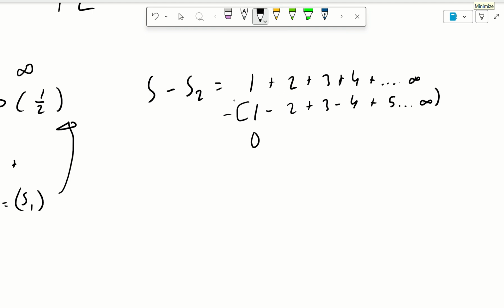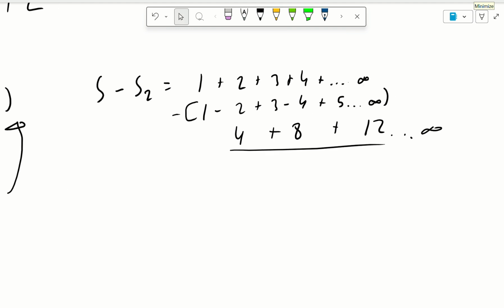Then 2 minus negative 2 is 4, 3 minus 3 is 0, 4 minus negative 4 is 8, and then this is 0 for the 5, and this becomes a 12. You can basically just remove the zeros and you go with this equation until infinity, because infinity is always infinity, and if you add numbers to infinity, it will still be infinity.